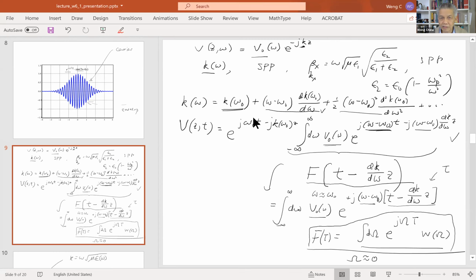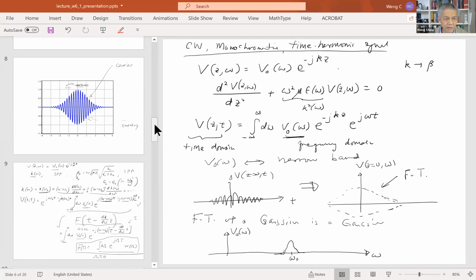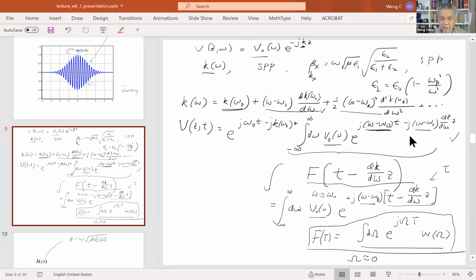So can you follow all the manipulations so far? That you can go from that thing over there into something that looks like this. And then when I integrate this, this just becomes a function of t minus dk/dω z. But what I'm trying to get at is that this has to be a slowly varying function, because it's a Fourier transform of a signal that involves only small capital Ω.